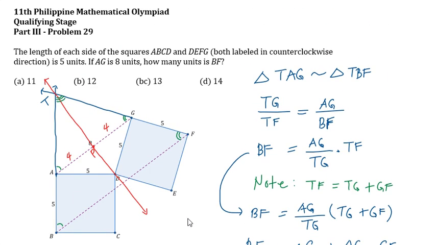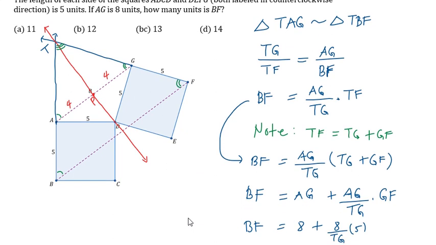Let us focus on triangle TGD. Take note that this is a straight line. If this is 90 degrees, because this is a square, this angle right here must also be 90 degrees. And so triangle TGD is a right triangle.